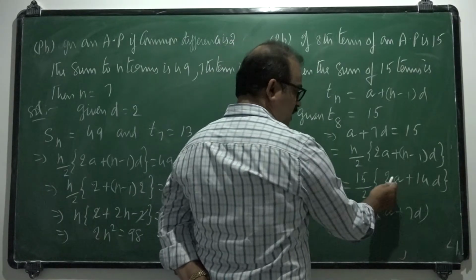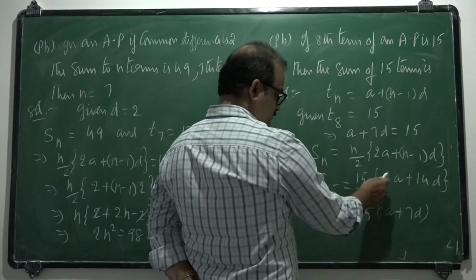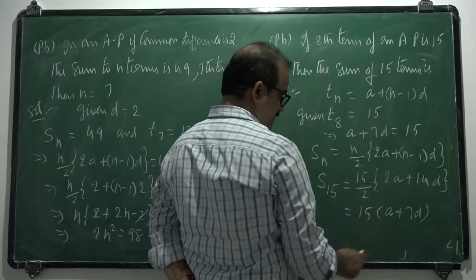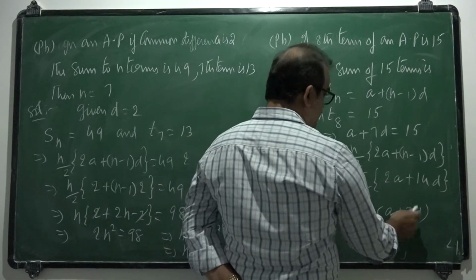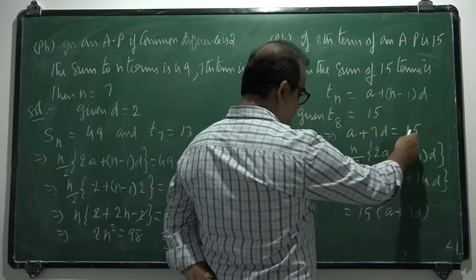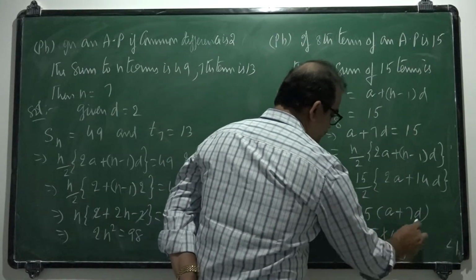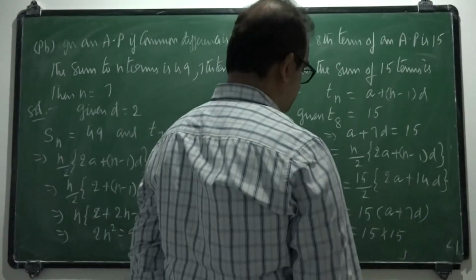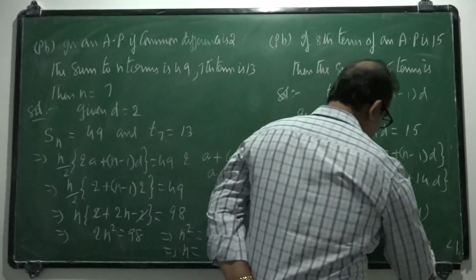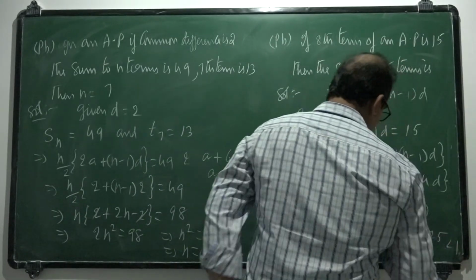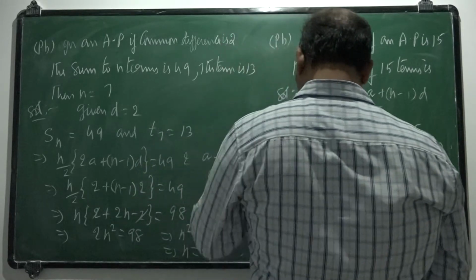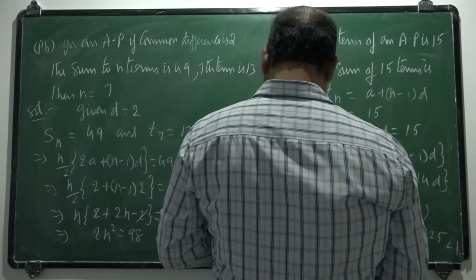If you take 2 common from this bracket, that cancels with this 2 in the denominator. But we know the value of a plus 7d is 15. So 15 into 15, that is 225.